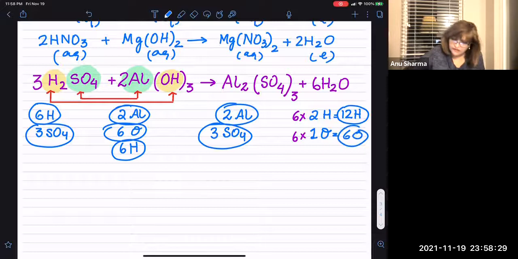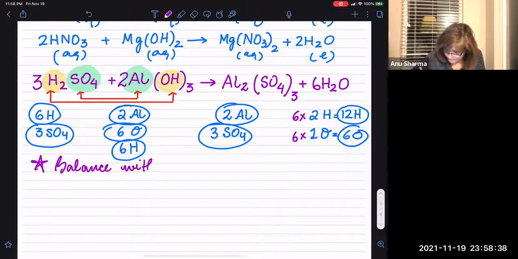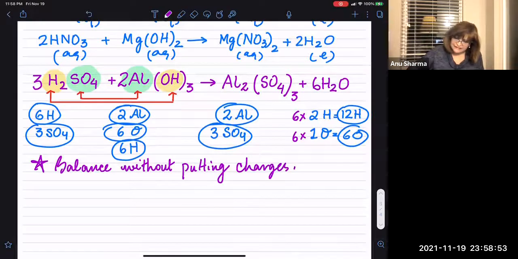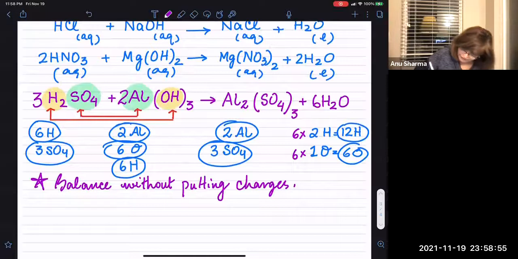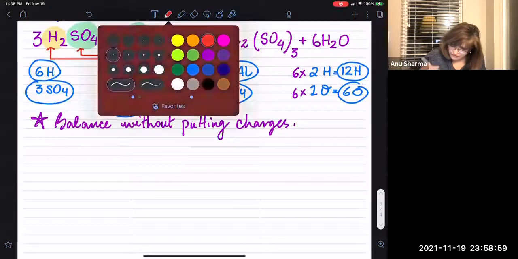Okay, so first balance. So here's a trick. Balance without putting the charges, because sometimes it becomes too cumbersome putting charges. Okay, so this is a balanced molecular equation. So I'm going to just write this again here, and then we are going to do the ionic.